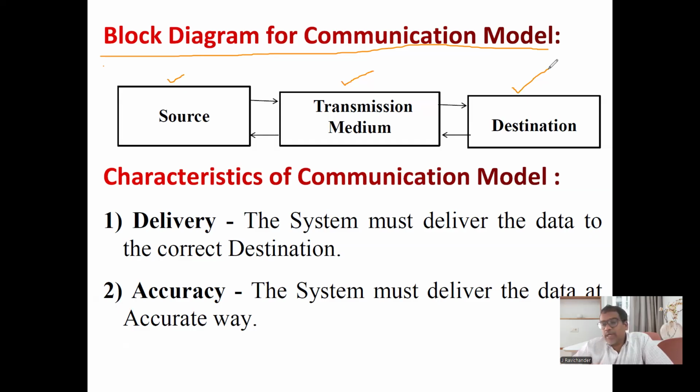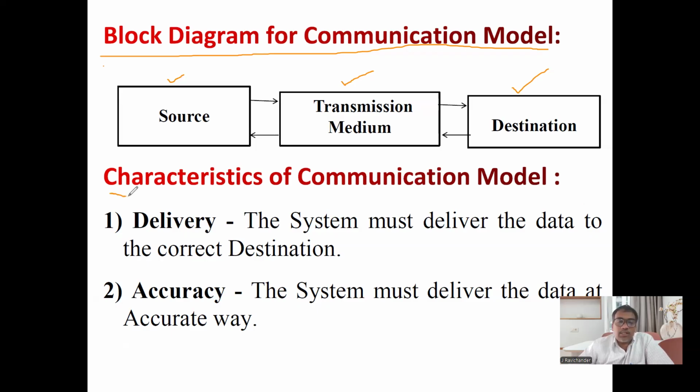Next, transmission media. It is a medium which can be used to transmit the data in the form of signals from source to destination. Destination, which accepts or receives the information. That is called as a destination.